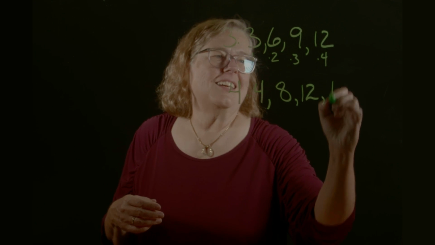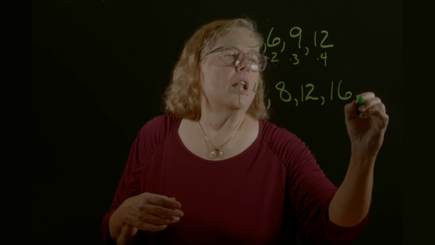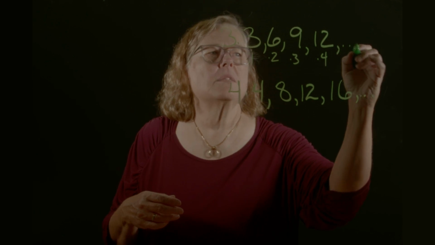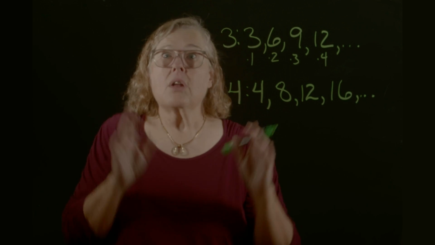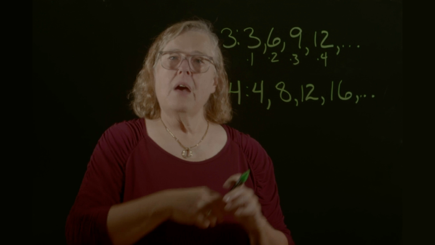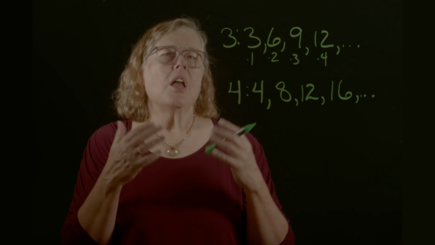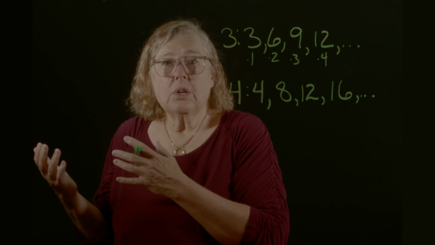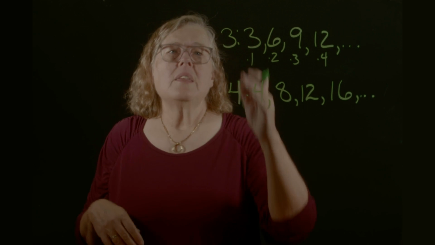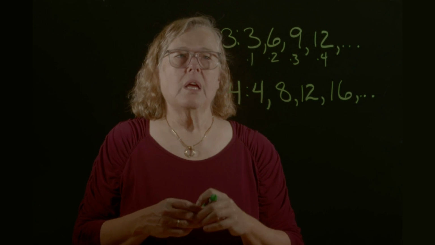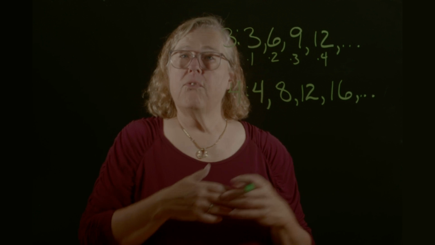We get 16. And we can just go on and on, right? That's what those 3 dots mean. It's called etc. So this is skip counting. Another word for skip counting that we just learned is a multiple. These are the multiples of 3. These are the multiples of 4.